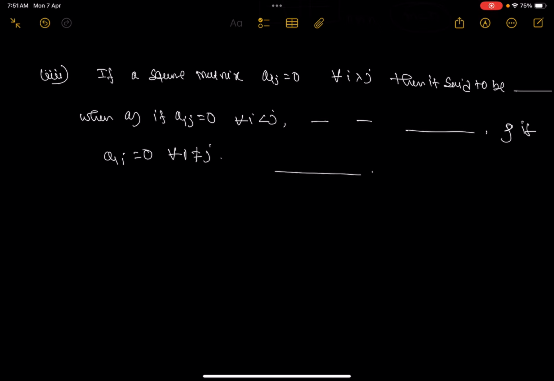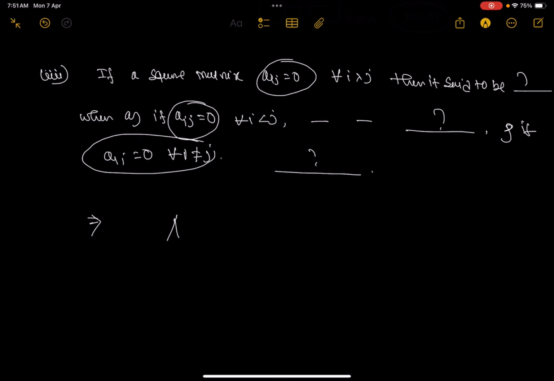So the first condition is this, with respect to this. The second condition is this, with respect to this. The third condition is this, with respect to this. Find them. At first you should write a matrix A.